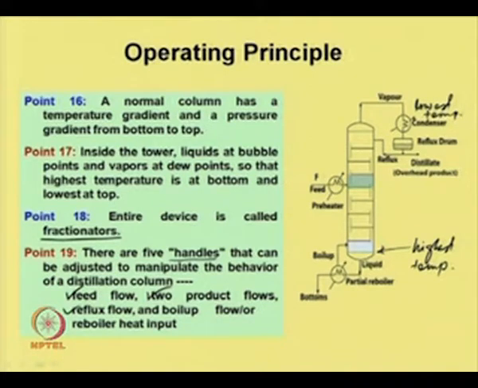Reflux flow, where we can change the reflux ratio, and boil-off flow, or the reboiler heat input. This boil-off, which comes out from the reboiler, is known as the boil-off. So, this flow we can control. These are the 5 things which we can control to manipulate the behavior of a distillation column.